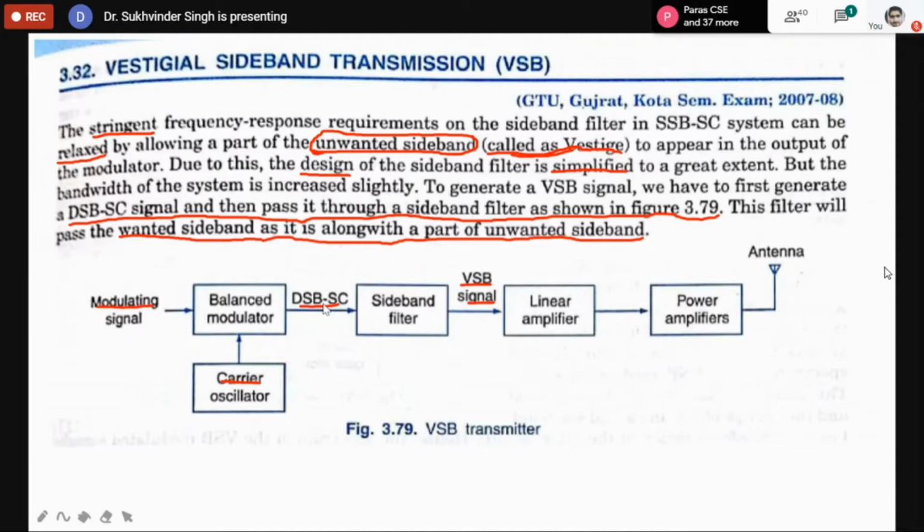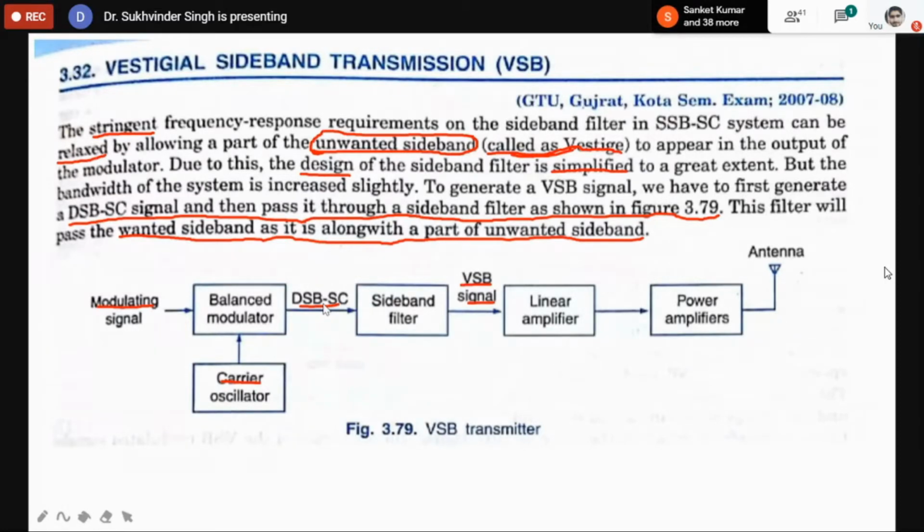What is this? Suppose we divide the upper sideband into two separate parts, then we have information in the lower part and information in the upper part. The division between the two is a sharp frequency, and developing sharp frequency filters is an extremely difficult task, and precise filtering is also an extremely difficult and very costly task.